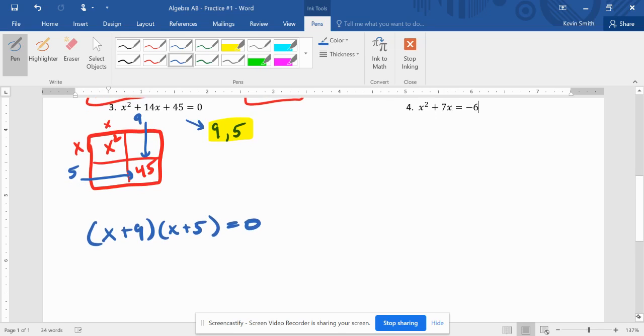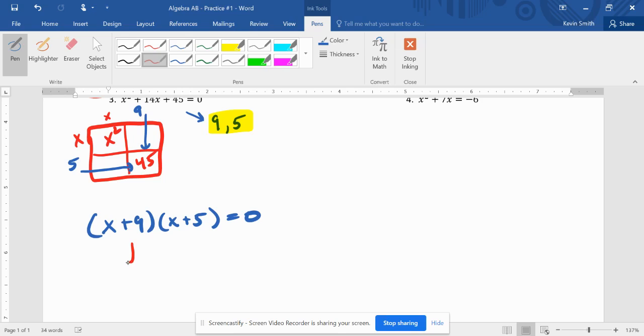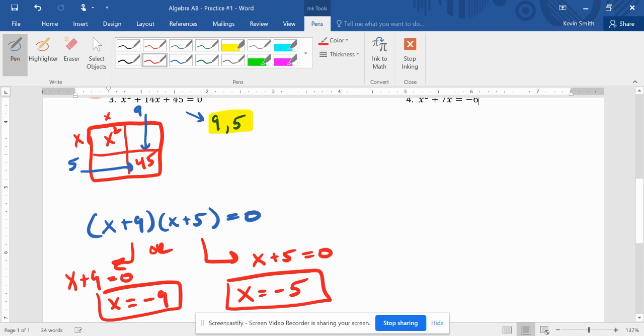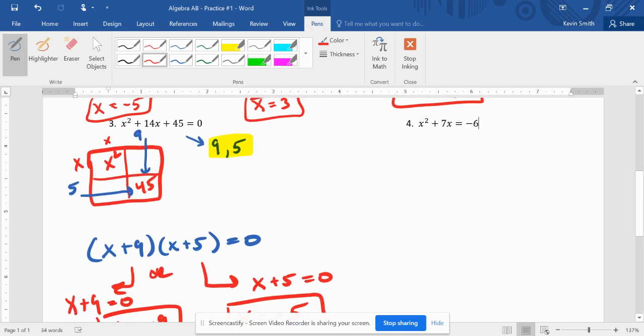And then we'll go ahead and start using the zero product property, where either x plus 9 equals 0 or x plus 5 equals 0. And we end up with x equals negative 9 or x equals negative 5. Good.